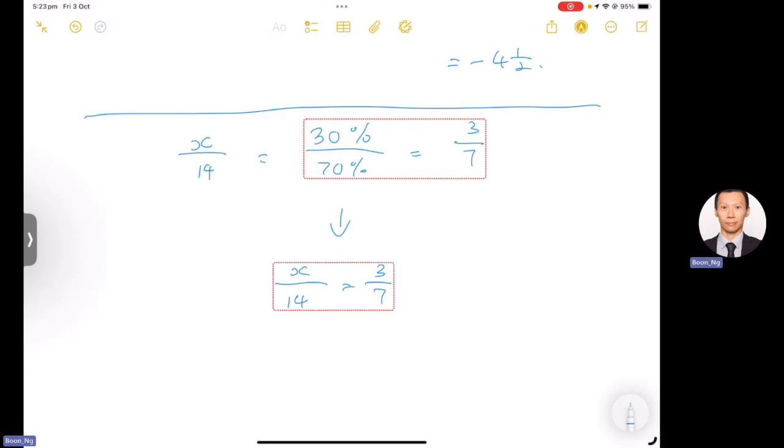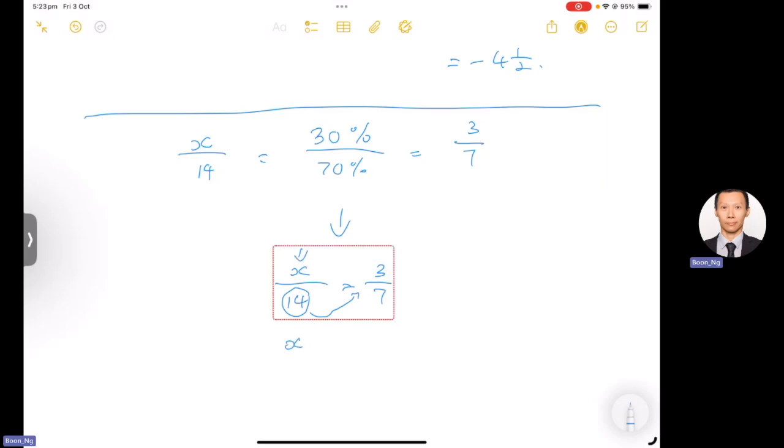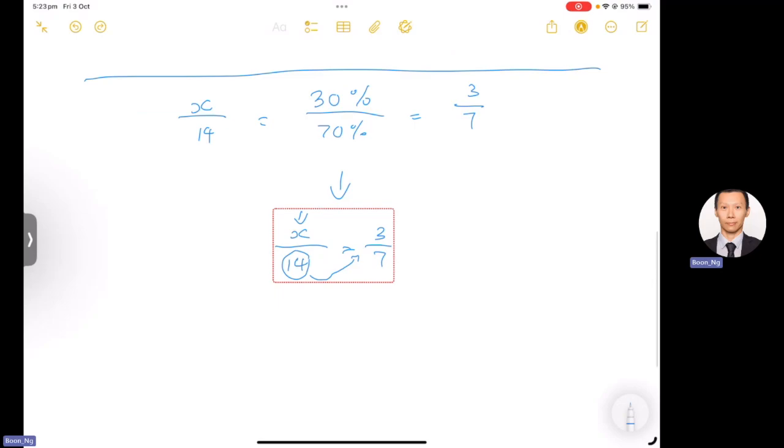Okay, so what I'm looking for is to figure out 1x equal what.